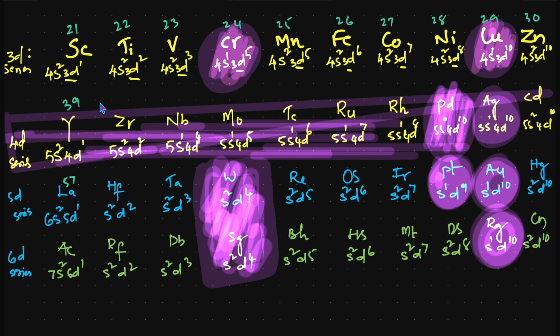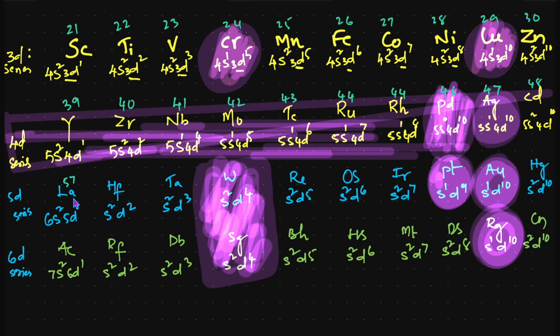So this is 39, so it goes 40, correct? 41, 42, 43, 44, 45. So this is 46. Palladium is 46. Silver is 47 and cadmium is 48.